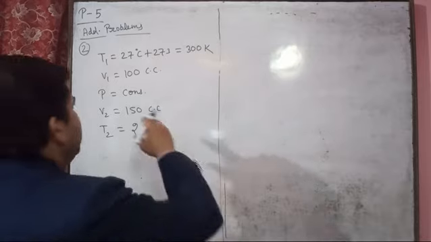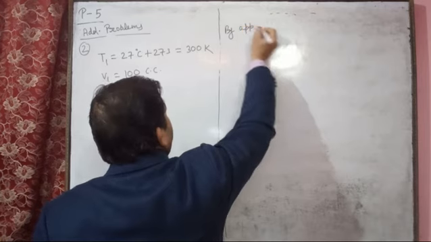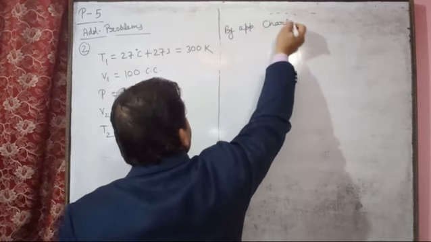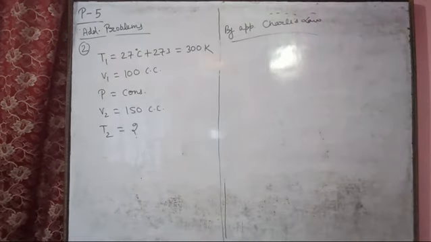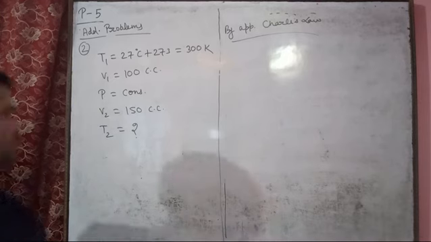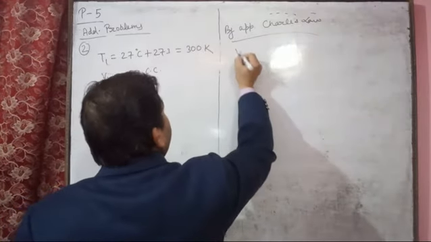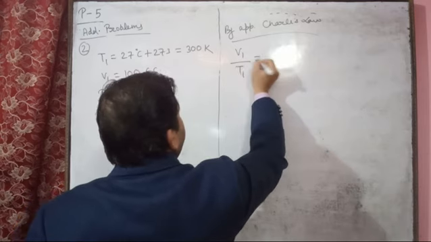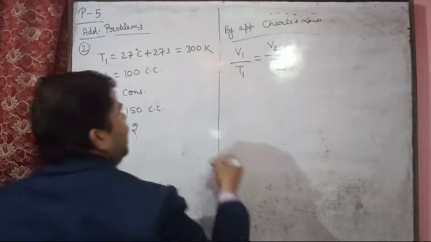Since the pressure is constant, we apply Charles law: V1 upon T1 equals V2 upon T2, and we have to determine T2.